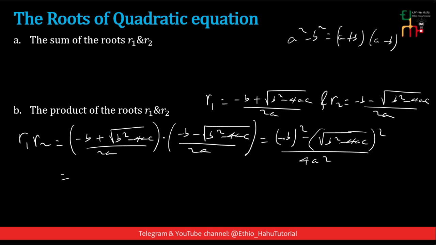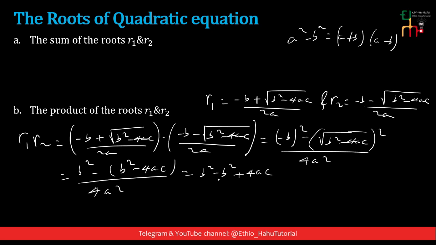This is equal to minus b squared over 4a squared, which is b squared minus (b squared minus 4ac) divided by 4a squared, which is b squared minus b squared plus 4ac divided by 4a squared. B squared cancels with b squared, 4 with 4, and a with a, leaving c over a. Therefore, r1 times r2 is equal to simply c over a.